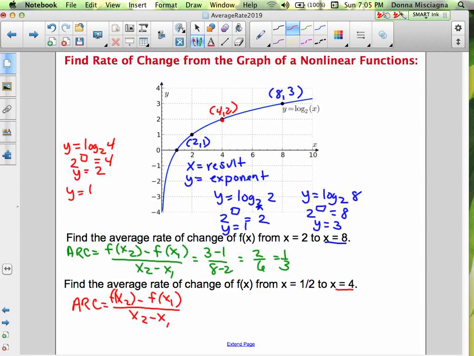So y equals log base 2 of 1/2. In other words, 2 to what power is 1/2? Well, 2 to the -1 power. If you raise to the -1, it flips. So that means y equals -1. So here's our point right here, and that is 1/2, -1.